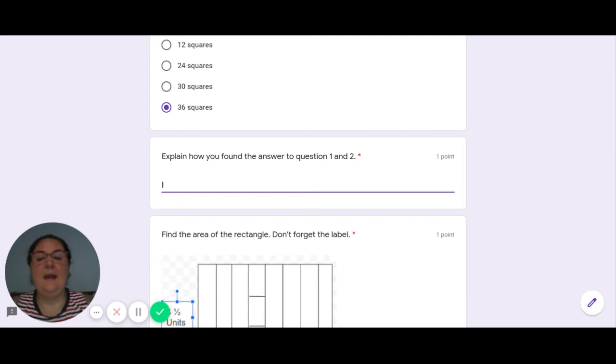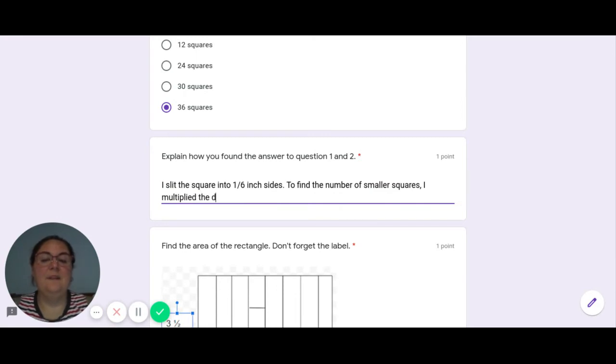I split the square into 1/6 inch sides to find the number of smaller squares. I multiplied the denominators. Done.